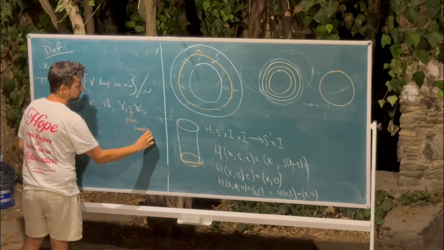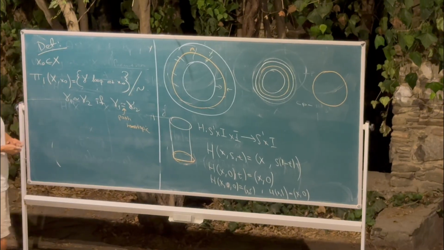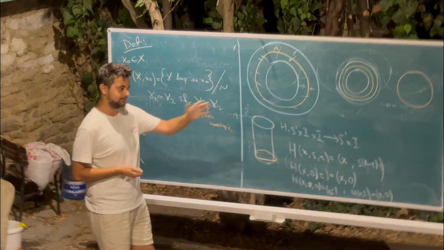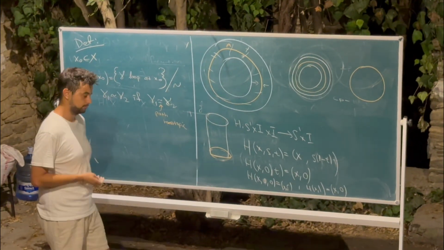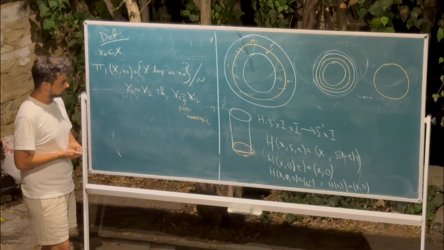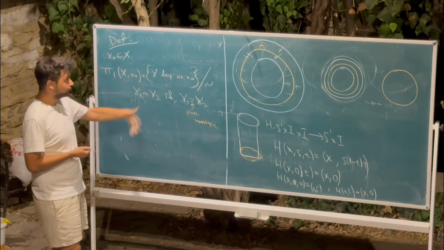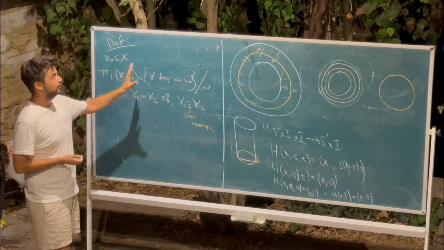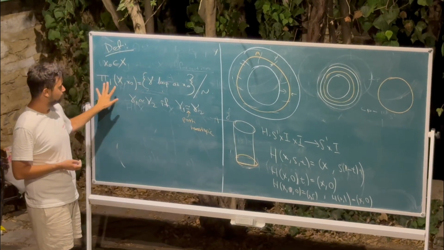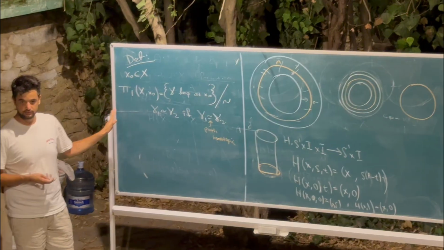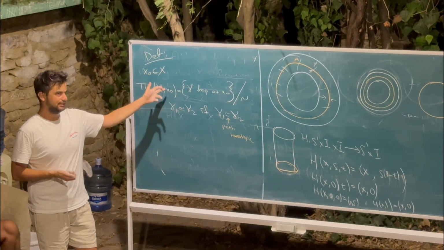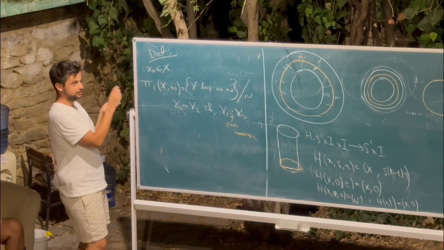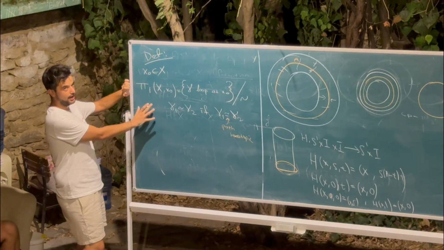So in words, path homotopy is an equivalence relation, and the set of all equivalence classes under path homotopy for loops at x0 is called the fundamental group of X at x0. This is actually a group, which is a crazy observation, but for now it's just a set.